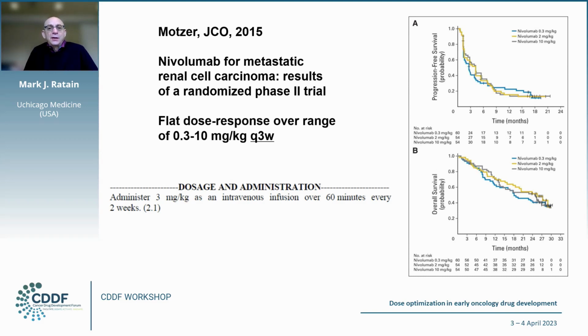As you can see, there is no relationship of dose to efficacy, dose to overall survival. This was not utilized in any subsequent studies or in labeling. The labeled dose, the initial labeling, was 3 milligrams per kilogram every 2 weeks, a 15-fold higher dose than was suggested by this study.